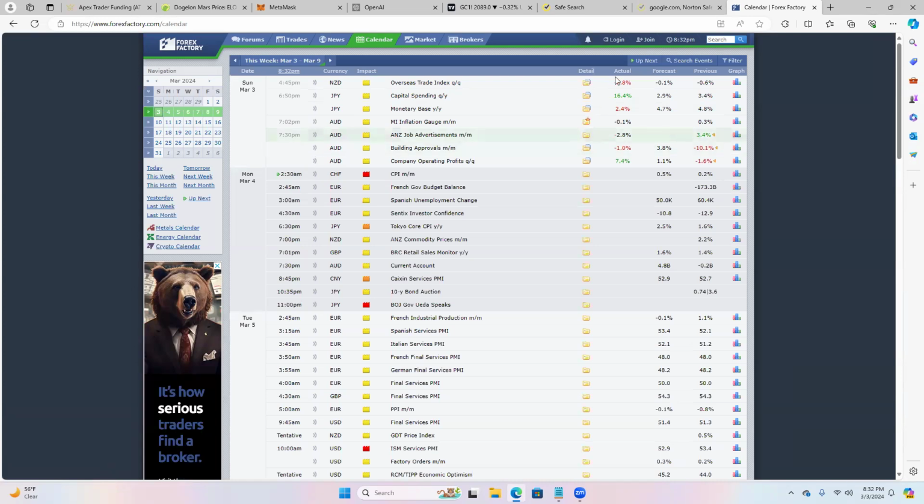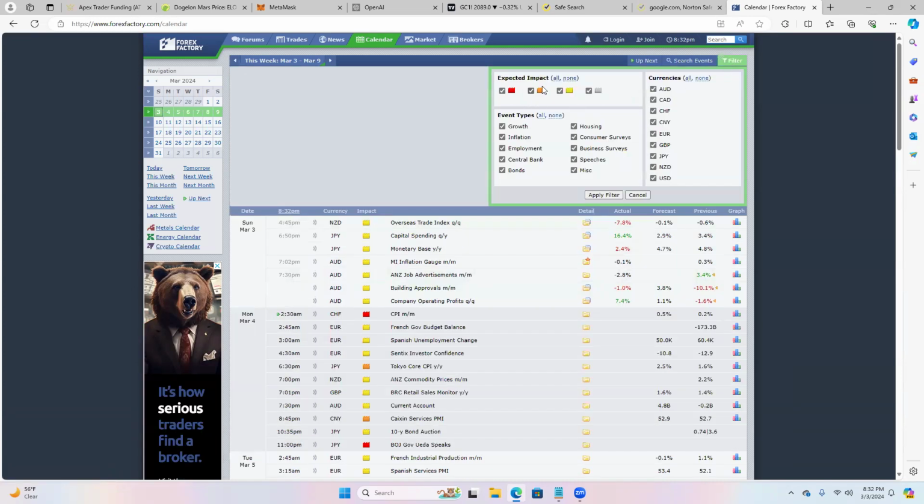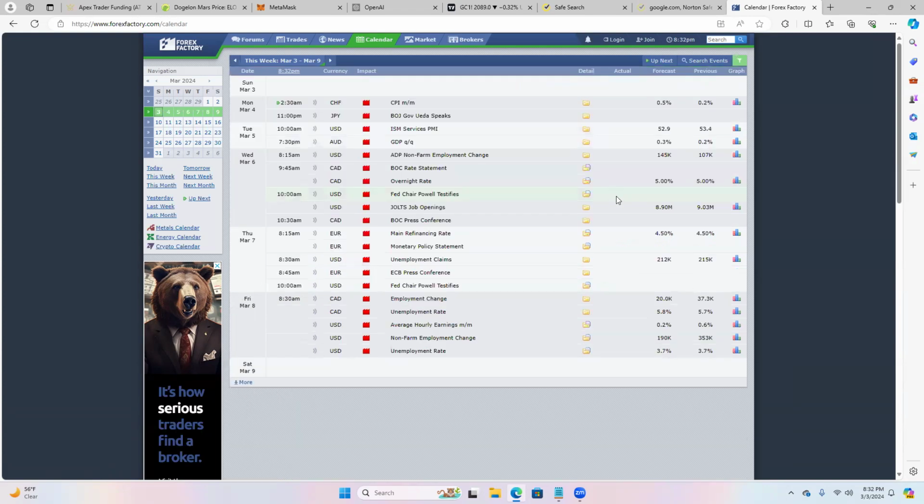And then filter it again. See, there's news on Wednesday for USD. I'm only trading anything related to USD anyway, so I don't gotta worry about JPYs and CHFs.